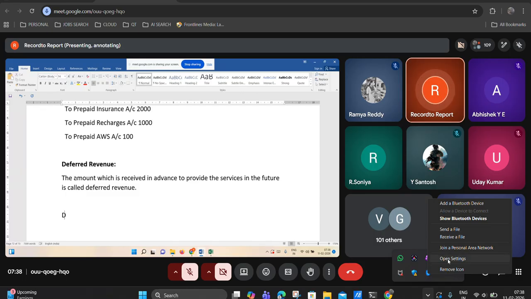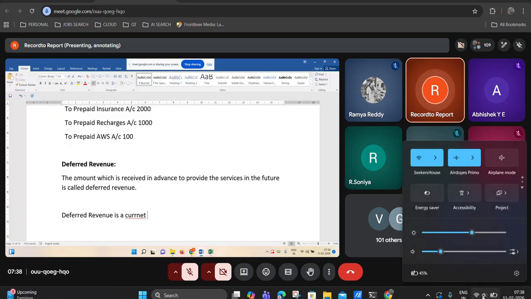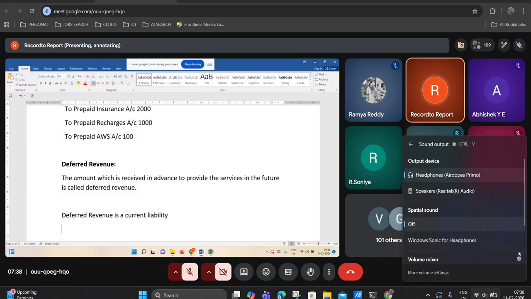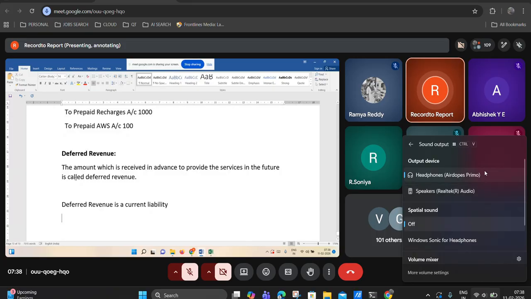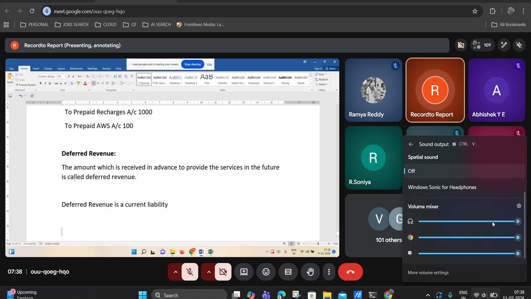Deferred revenue is a current liability. Why, when the amount is received, are we treating it as a current liability? What is the meaning of current liability? The liabilities which we have to settle within a span of 1 year.